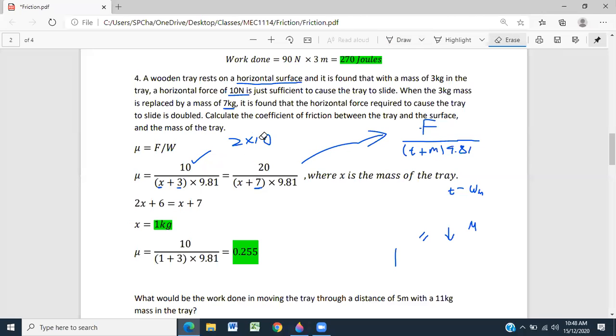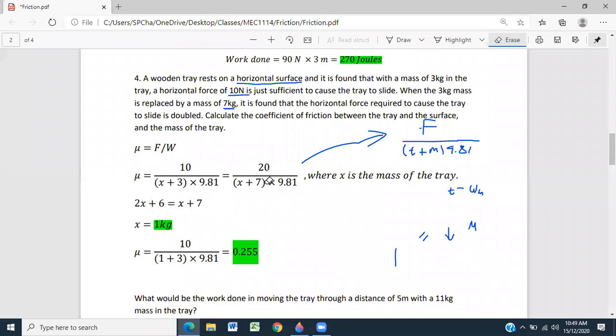Calculate the coefficient of friction. Well, we know that the coefficient of friction is of course equal to this, and this is of course equal to this, because the coefficient of friction is, again, constant. It's not changing, because the materials aren't changing. So this should be equal to this, right?